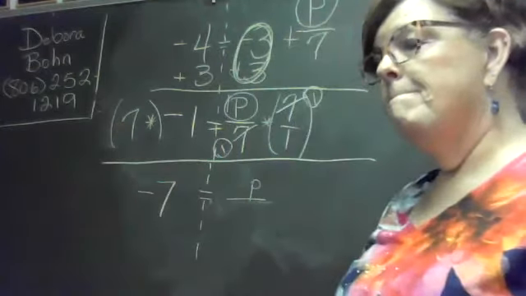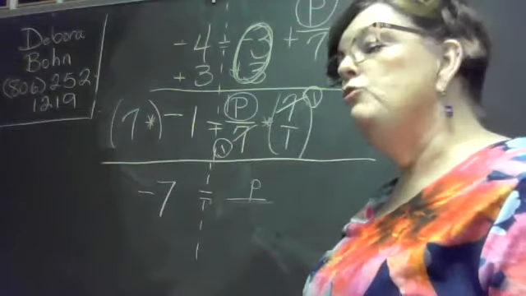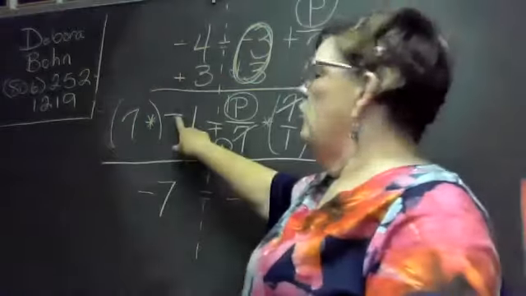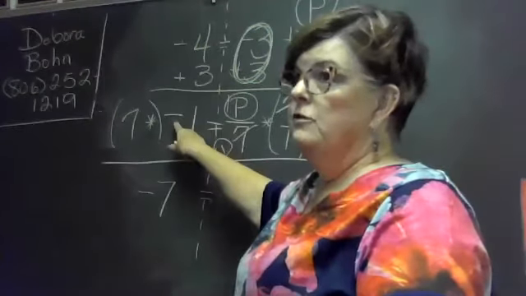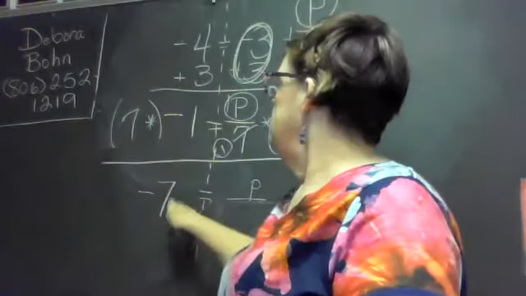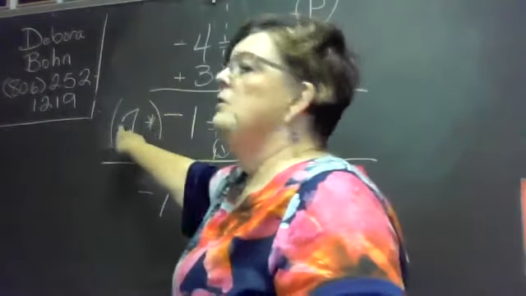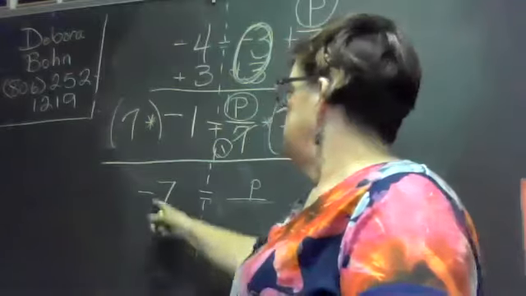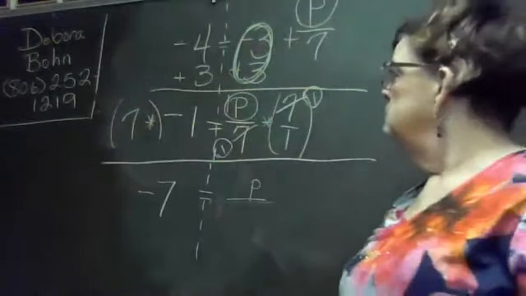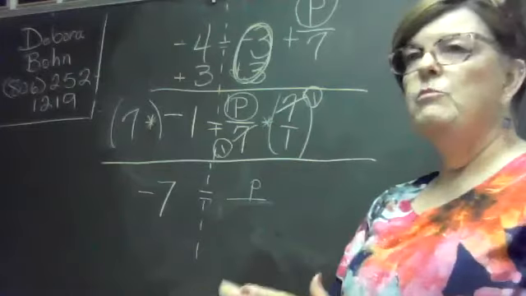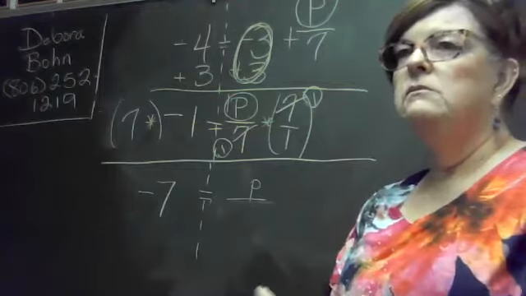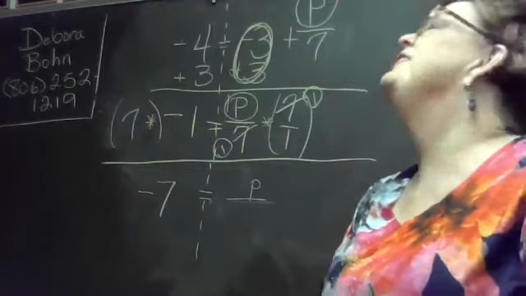Okay? And the rules that we wrote down that one day, Rebecca, was if we have an odd number of negatives, which 1 is odd, then the answer is negative. If we have an even number of negatives, the answer will be positive. And we'll work with this so much, you'll dream about it. I already am.